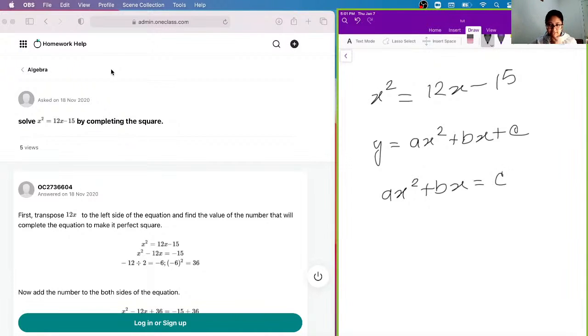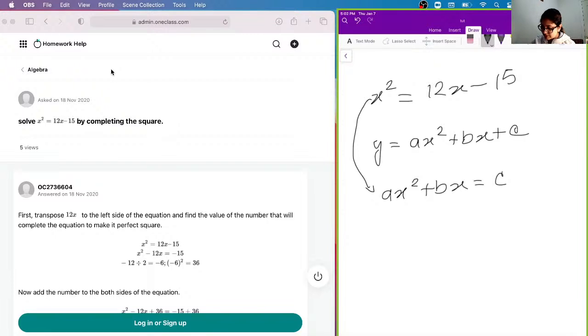Okay, so we can basically say that this equation over here resembles this template equation.